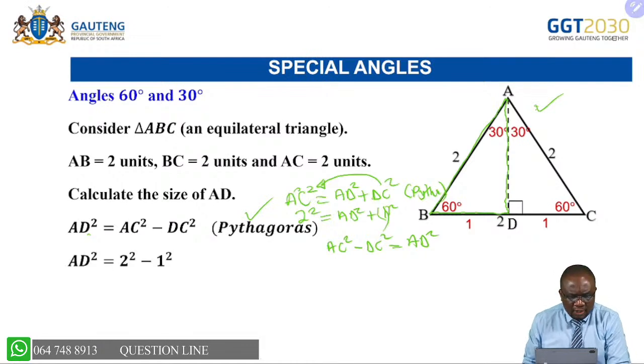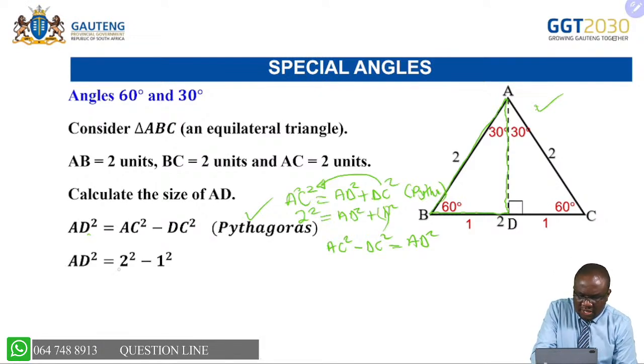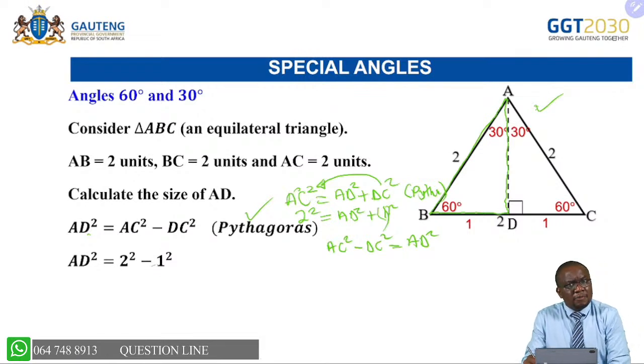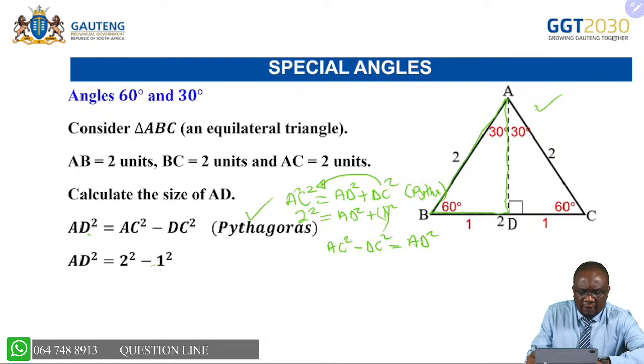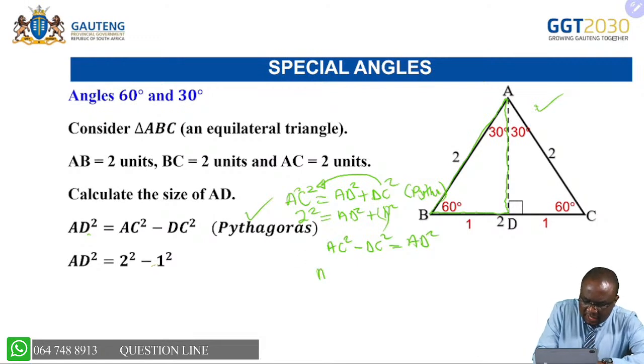Now let's substitute. AC is 2 squared, and then DC is 1 squared. So AD squared is equal to 4 minus 1, sorry learners, 4 minus 1, which is 3.